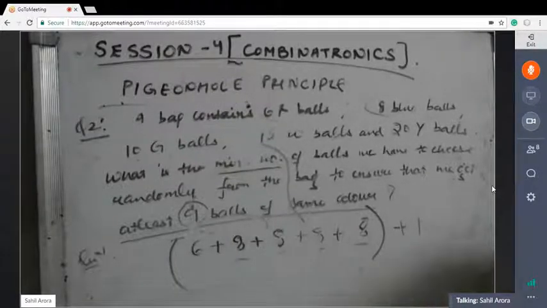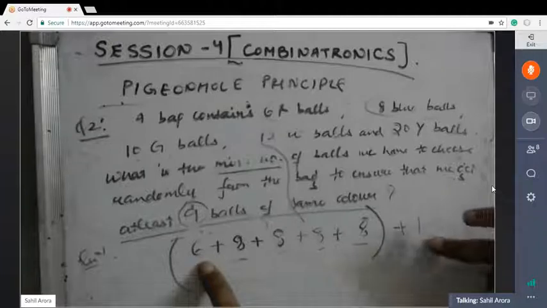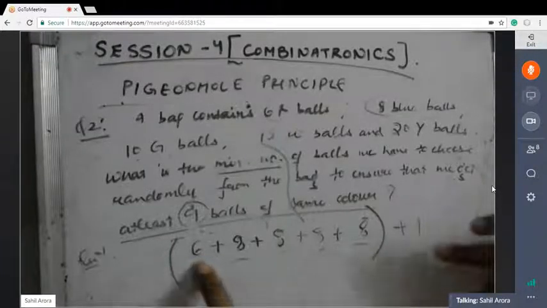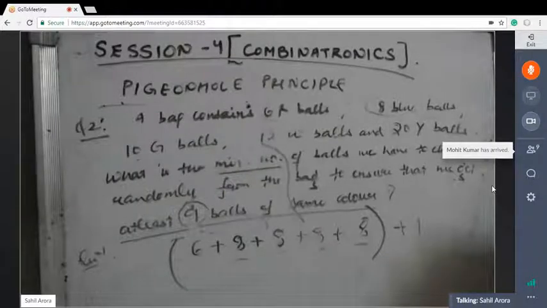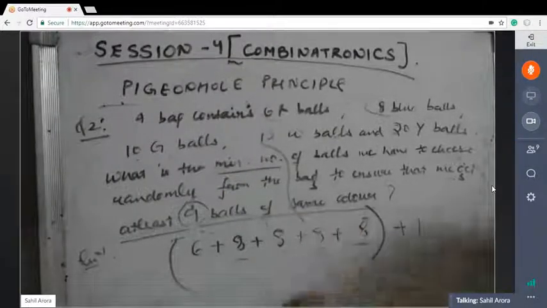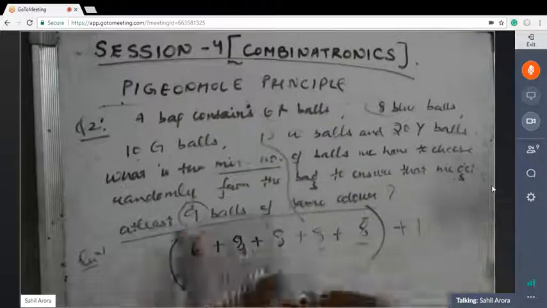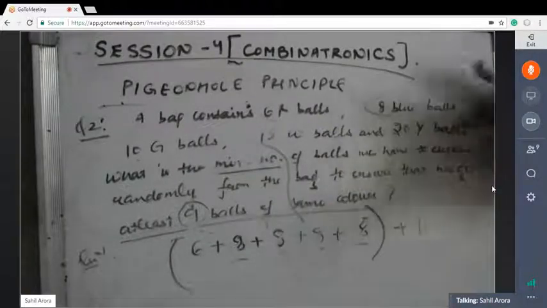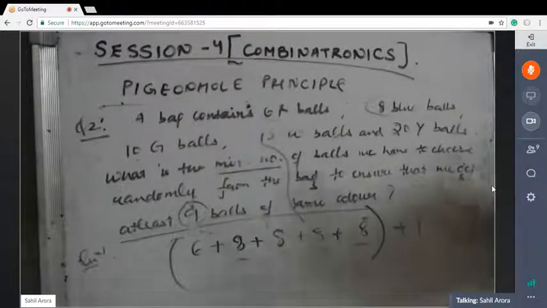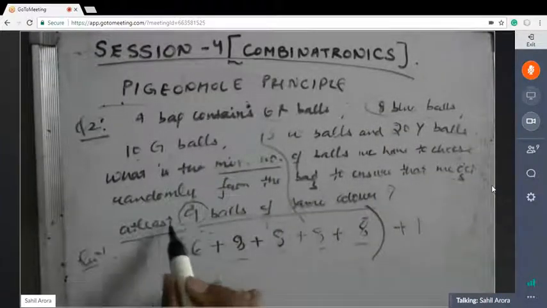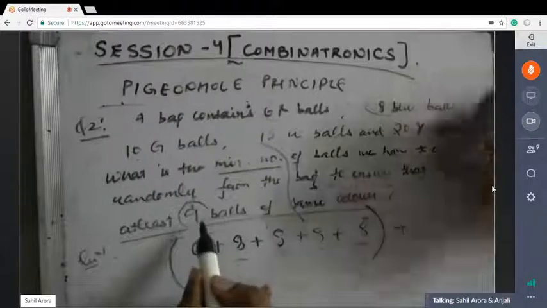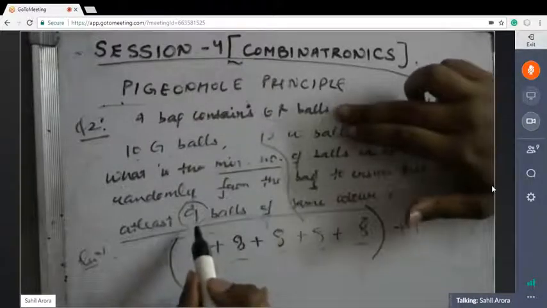Similarly, this 6 can also combine with this 1 to get 7. Then I need to pick at least some more balls for the total to become 9. So in this way, we can solve that question. The only difference between this question and the previous one is that here we need at least 9, and we have balls of red color which are less than 9.